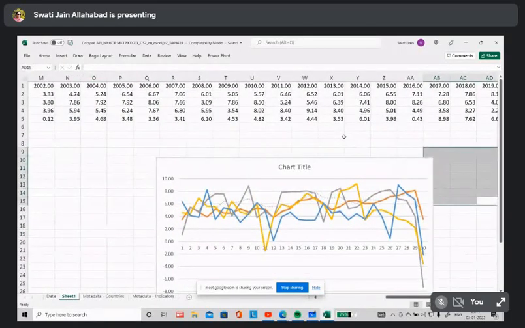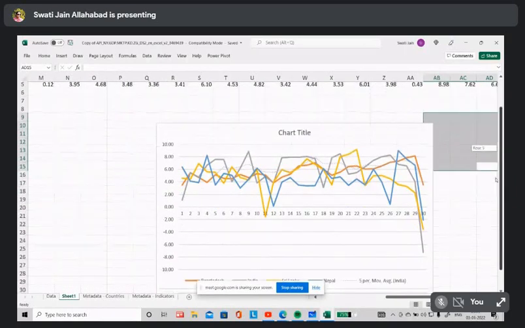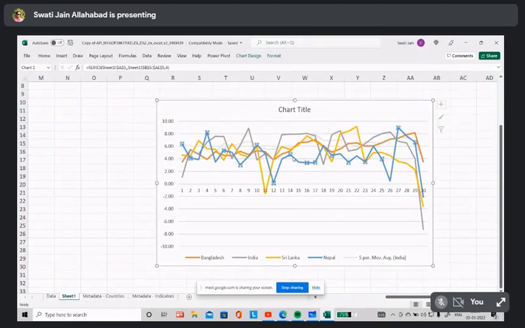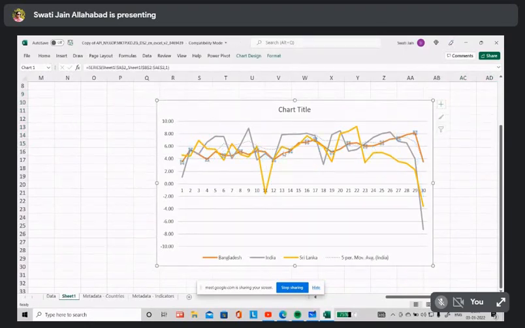These are the South Asian countries, say Bangladesh, India, Sri Lanka, Nepal. Now, these are the GDP growth rates on the year basis. One means it is 1991 and 30 is 2018 or 19. So over the years, let us take only one graph so that you can understand better.